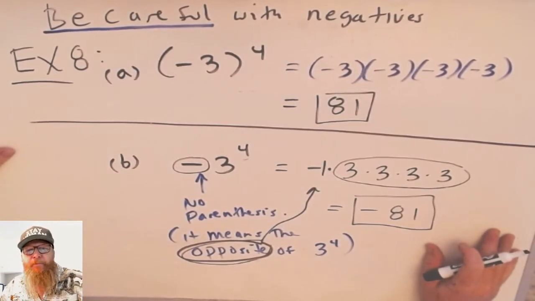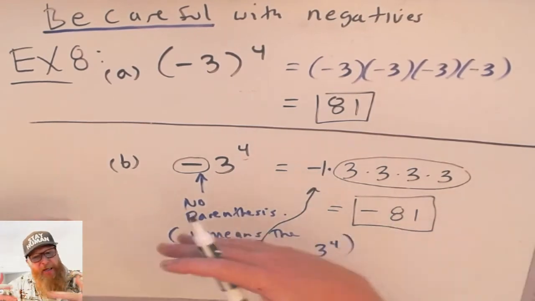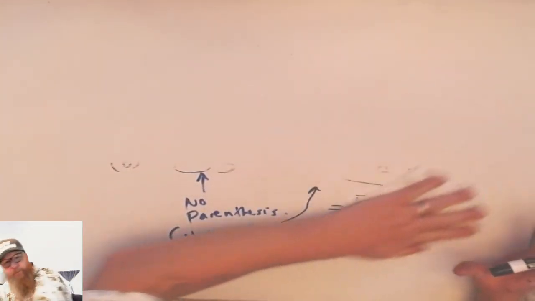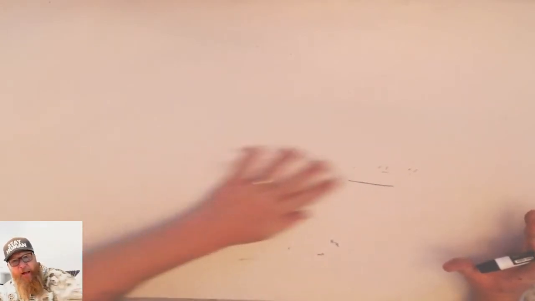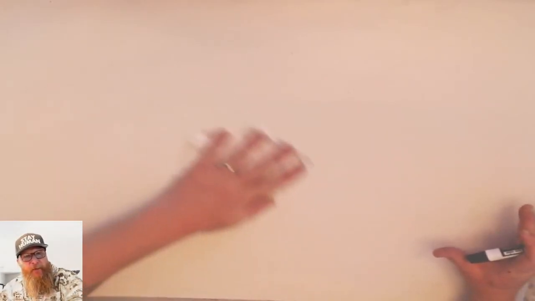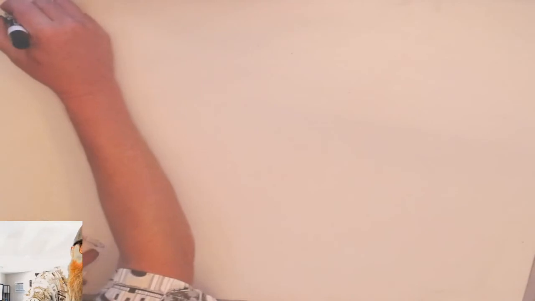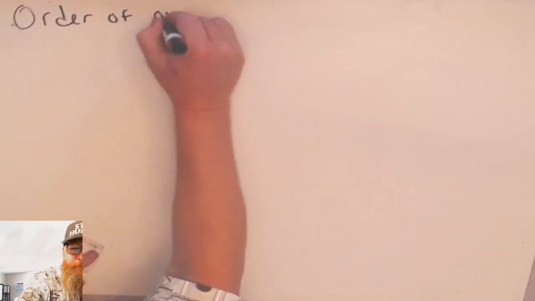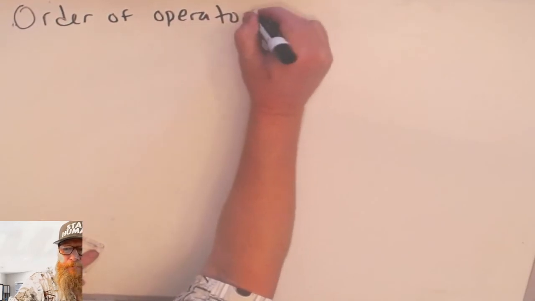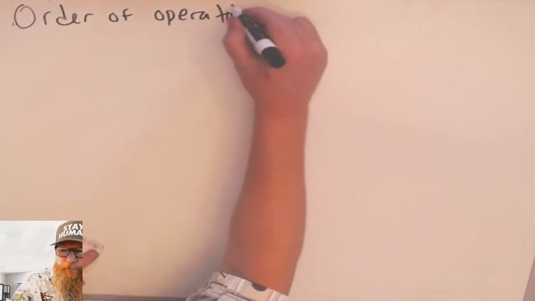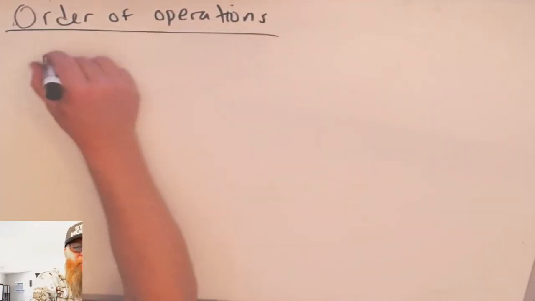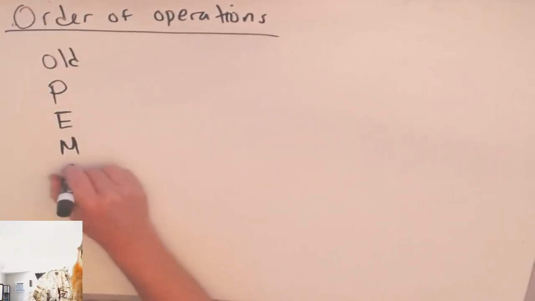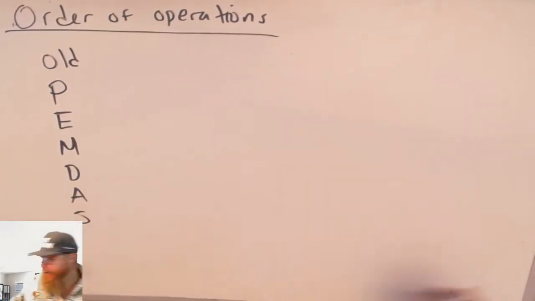Okay, next we're going to put it all together. It follows a lot of my other lessons. What do we do next? Order of operations. So the old way, which is still valid, there's nothing wrong with doing it the old-fashioned way.